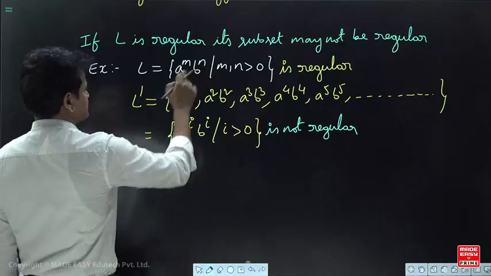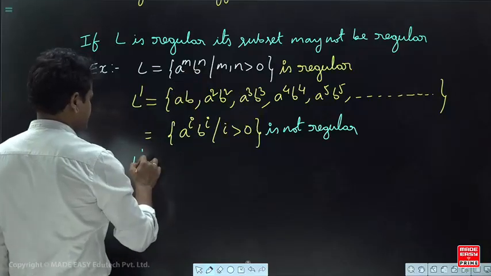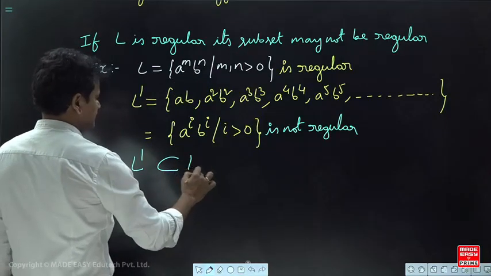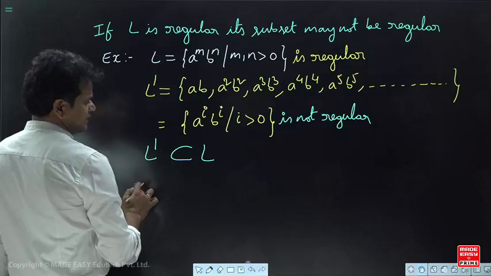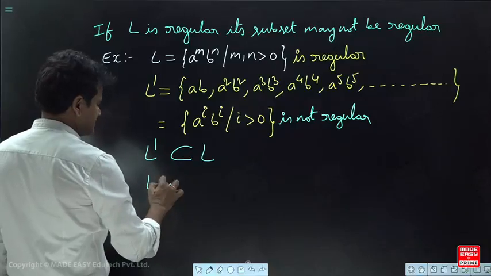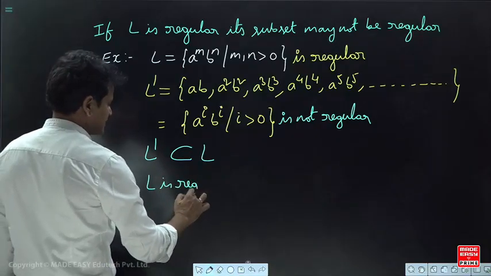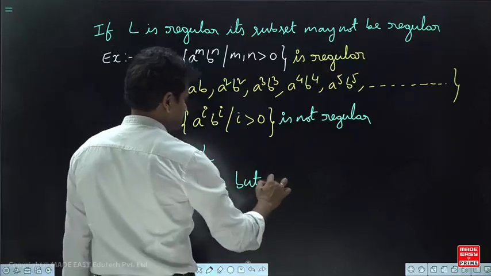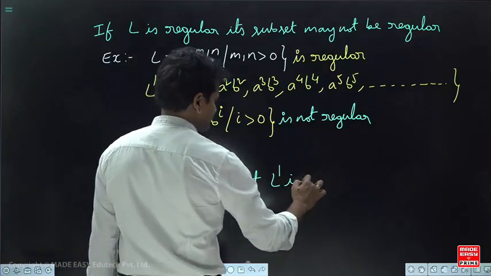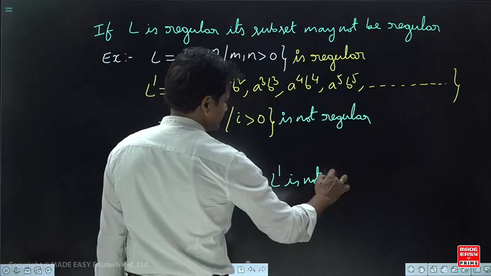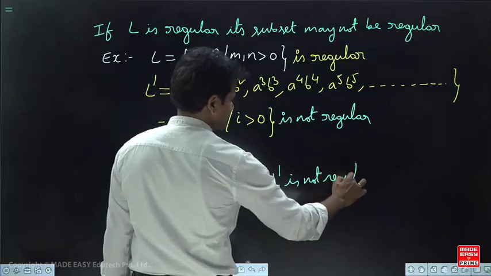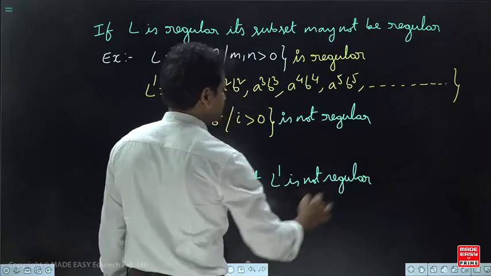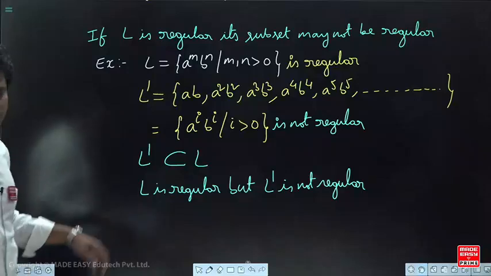L dash is a subset of L. L is regular, its superset is regular, but the subset L dash is not regular. So this is the meaning of regular languages are not closed under subset. Okay, copy.